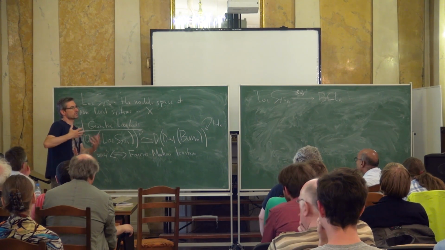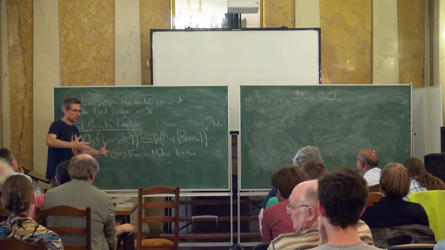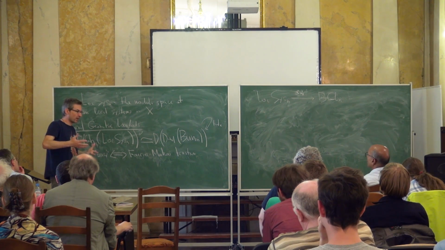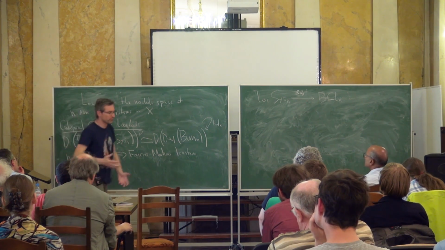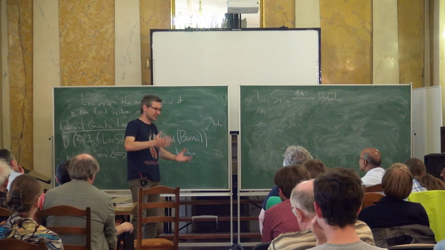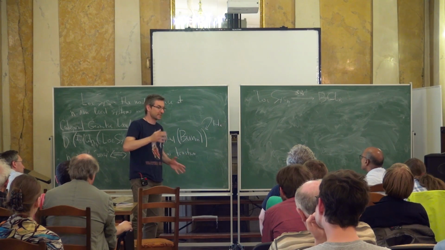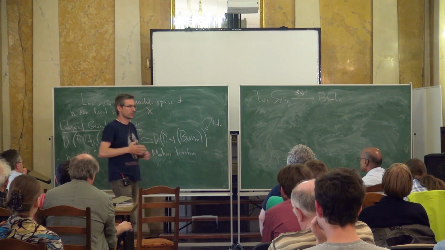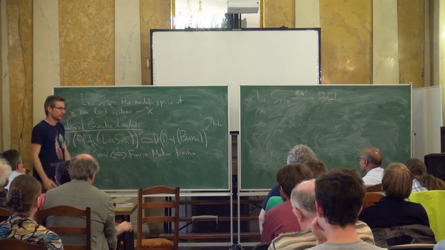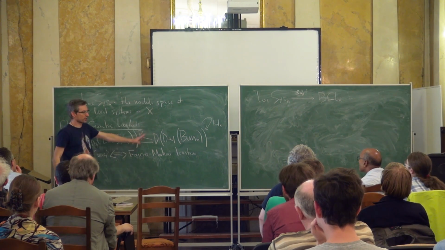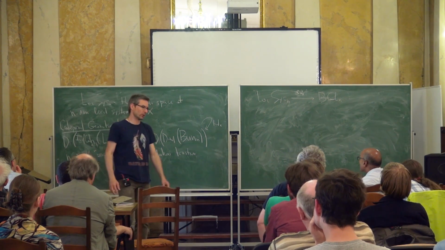For GLN, the only remaining steps to do are technical, but for an arbitrary group, there is one step that says that some functor is fully faithful, and we don't know how to do it, except in the case of GLN, where you can use Whittaker models. The reason we can do it for GLN is that we have much better control of the Whittaker model.